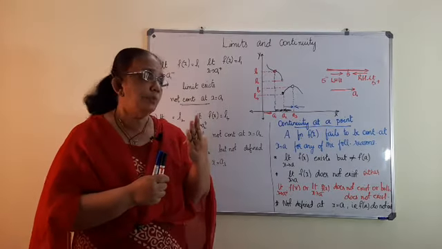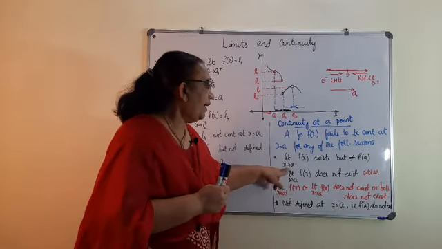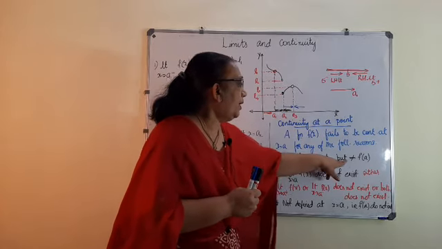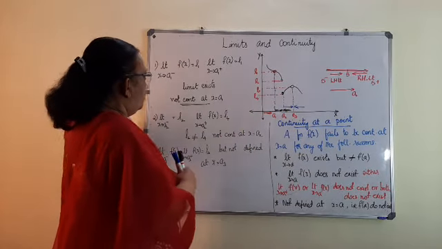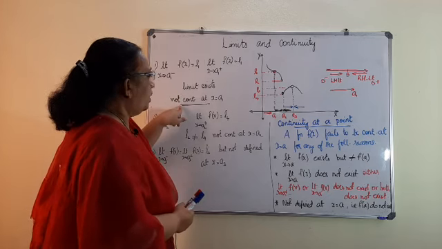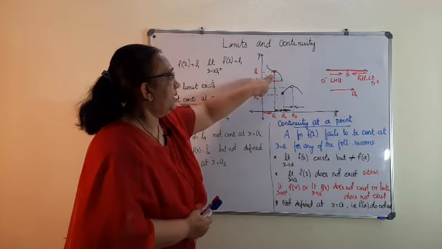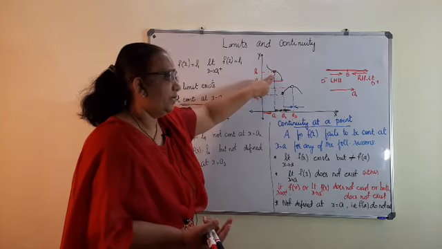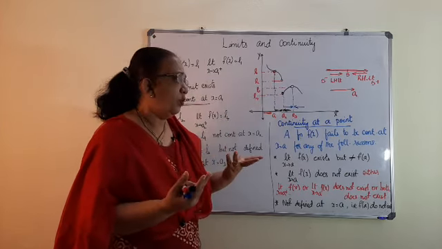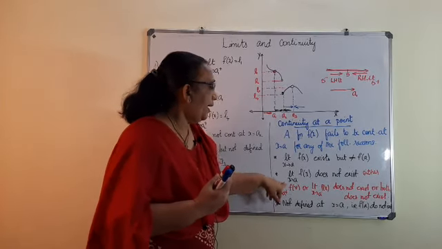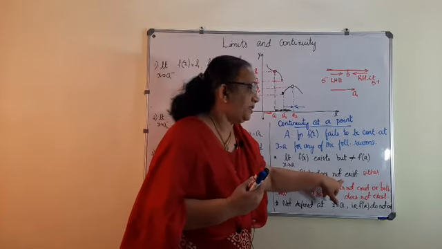There are 3 points to be considered. Limit x tending to a, f of x exists but not equal to f of a. Limit exists but not equal to the value of the function at x is equal to a. Here in this case, because it is not equal at x is equal to a, there is a gap over there. Limit x tending to a, f of x does not exist.